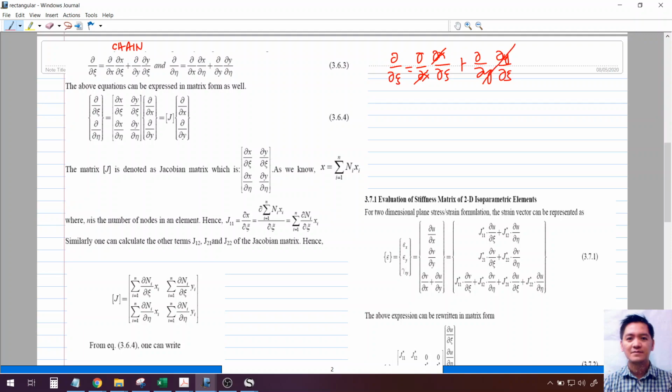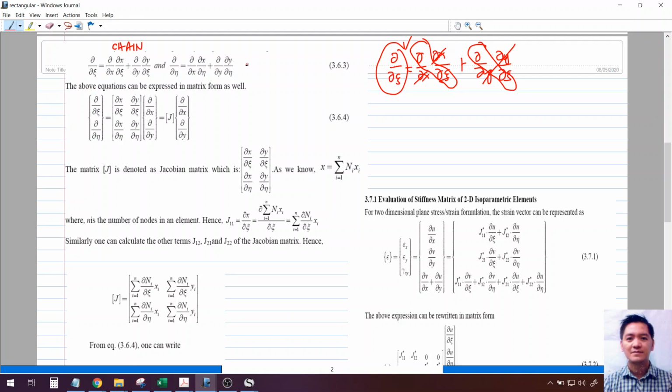So in short, they are equal, for this chain rule. So we will do that. When you do that, this is what happens.